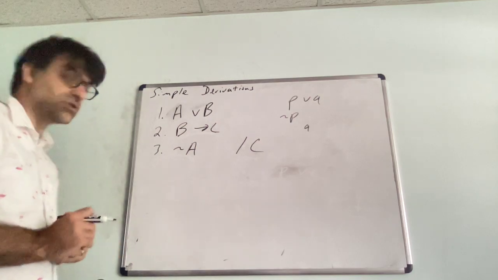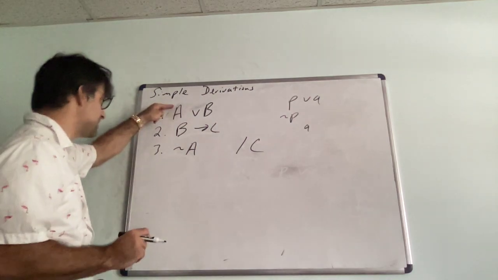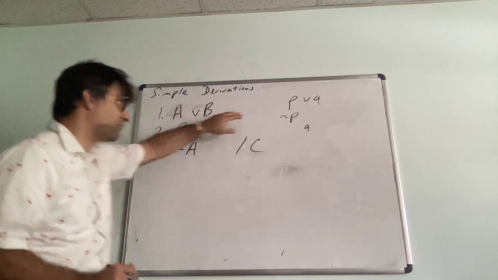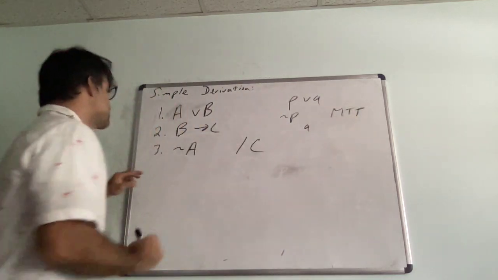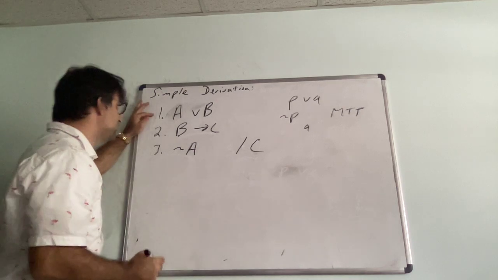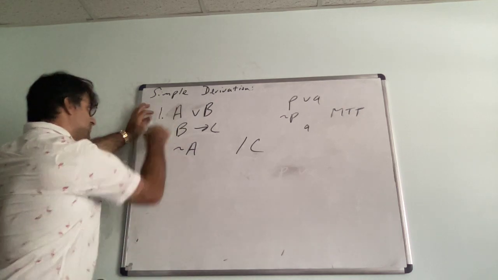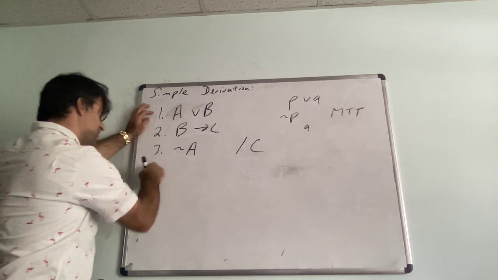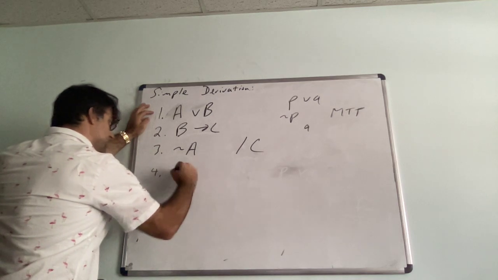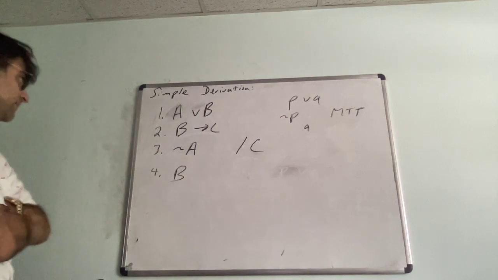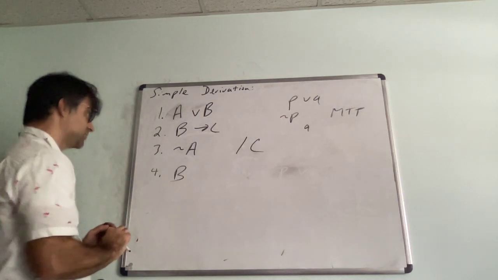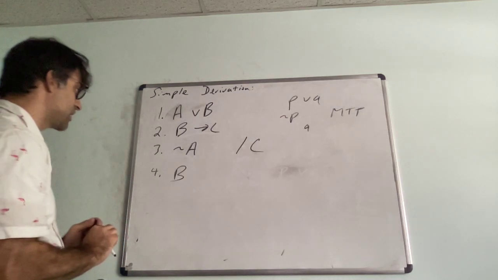A good way to tackle this is: you have an or statement, and you have half of it denied. That reflects this MTP pattern. So I conclude, based on premise 1 and 3 together, that B is true.